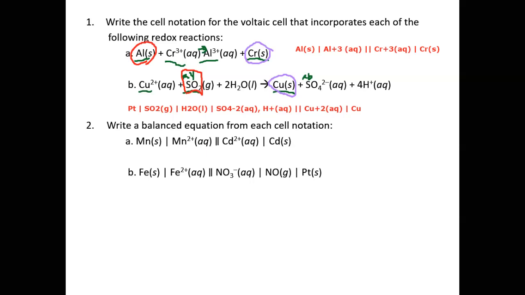Well, we're not going to balance them. We're just going to write the equation from each cell notation, because we haven't talked about balancing yet. So in the first one, we have manganese solid, manganese 2 plus, cadmium 2 plus, cadmium. Remember, this is the anode.